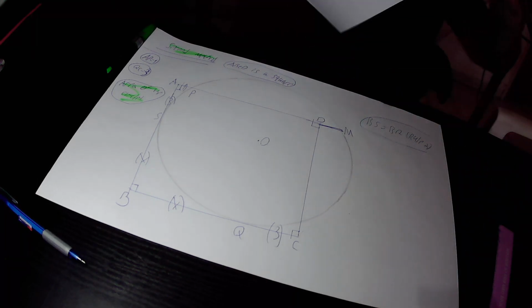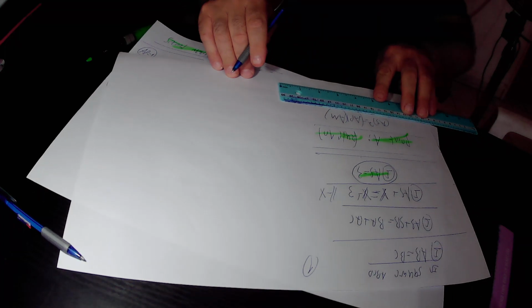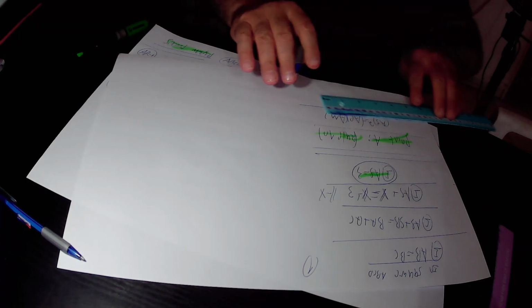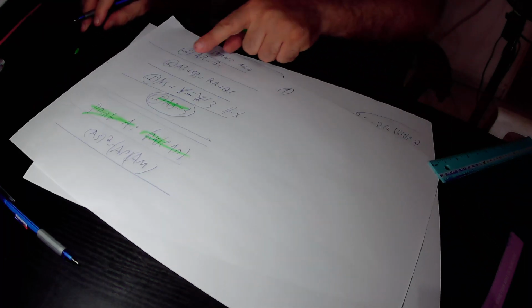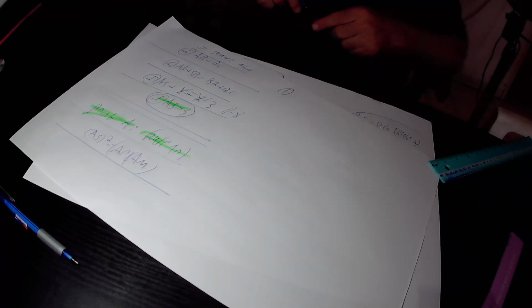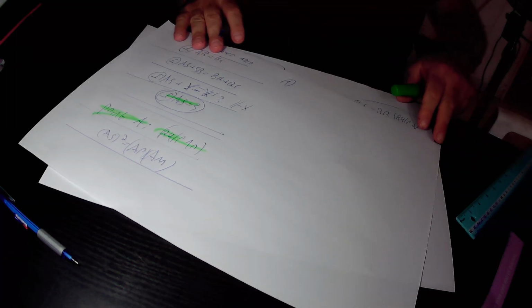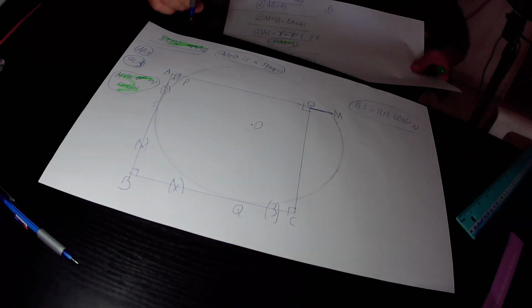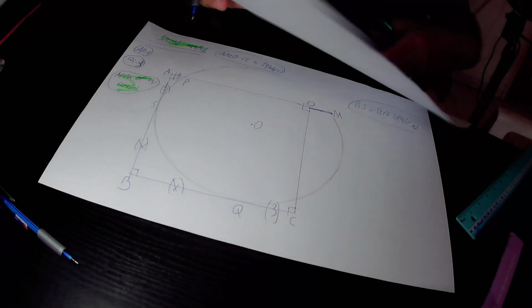Okay, again. If we focus on the common external point A, according to rule 10, we get that AS squared equals AP times AM. AS is 3, therefore AS squared is 3 squared, that is 9.